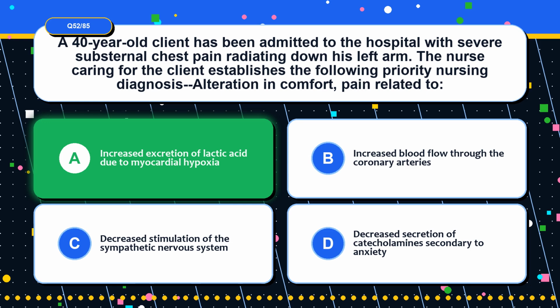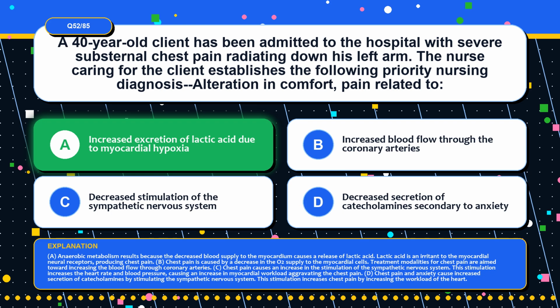The correct answer is option A. Increased excretion of lactic acid due to myocardial hypoxia. Anaerobic metabolism results because the decreased blood supply to the myocardium causes a release of lactic acid. Lactic acid is an irritant to the myocardial neural receptors, producing chest pain. B. Chest pain is caused by a decrease in the O2 supply to the myocardial cells.